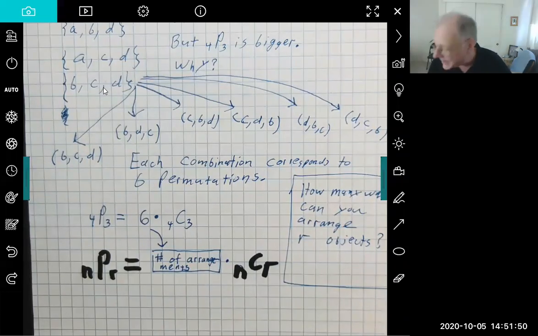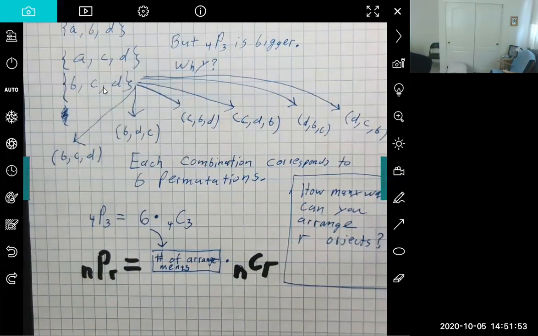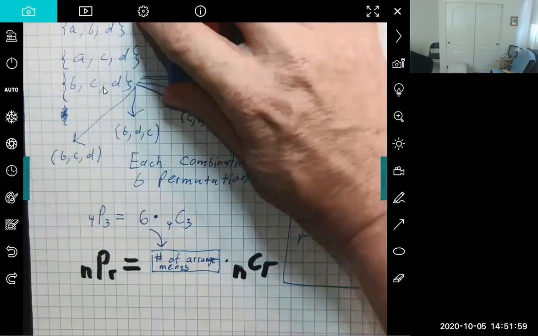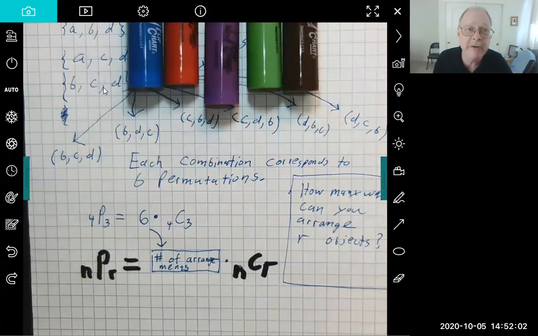Well, in a previous lecture, we did how many ways can I arrange 5 pins? 5 choices for who goes first, and then 4 choices for who goes second. So by the time you got your first 2 pins, there were already 5 times 4, 20 ways you could have done it. 5 times 4 times 3 times 2 times 1 for the total arrangement of all 5 pins. How many ways can you arrange r objects? r factorial.